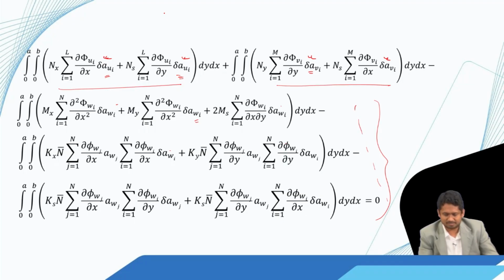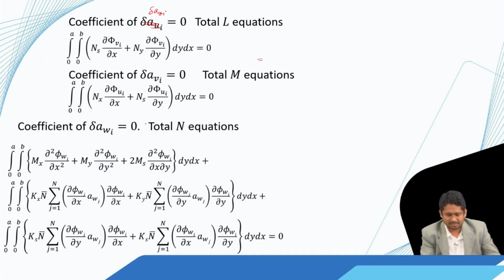If I look at this here, so if I set the coefficient of the variation of a v i equal to 0, then I get this term n y into this plus this, and that gives me one equation and this is this equation.